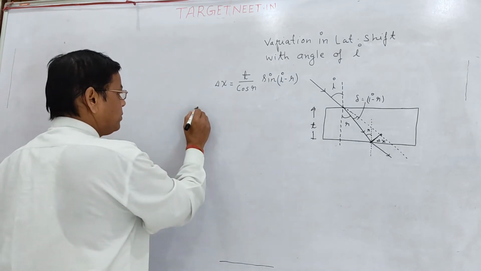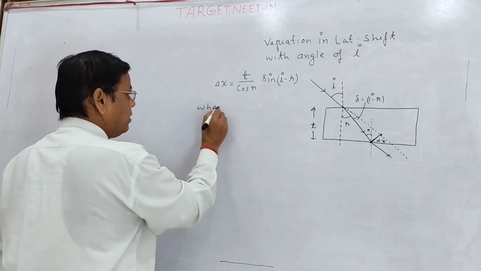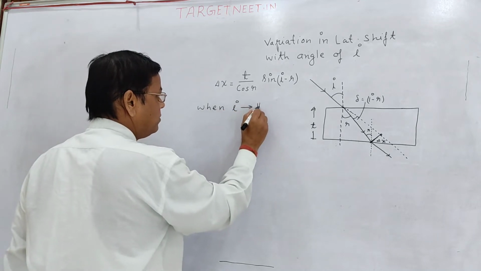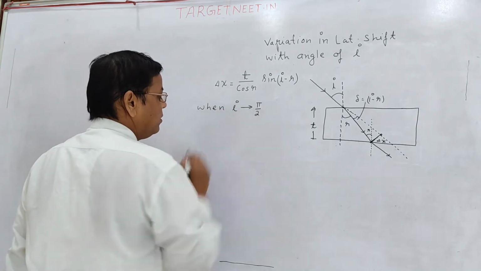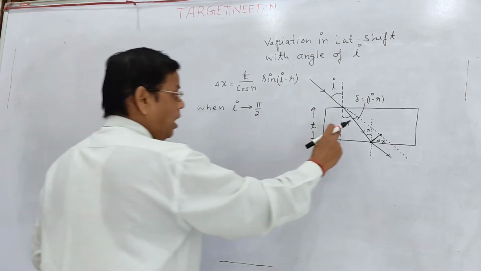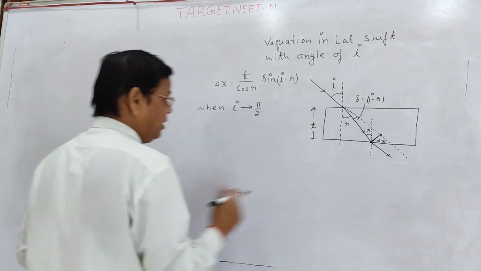So when i approaches 90 degrees, that is grazing incidence, r approaches the critical angle.